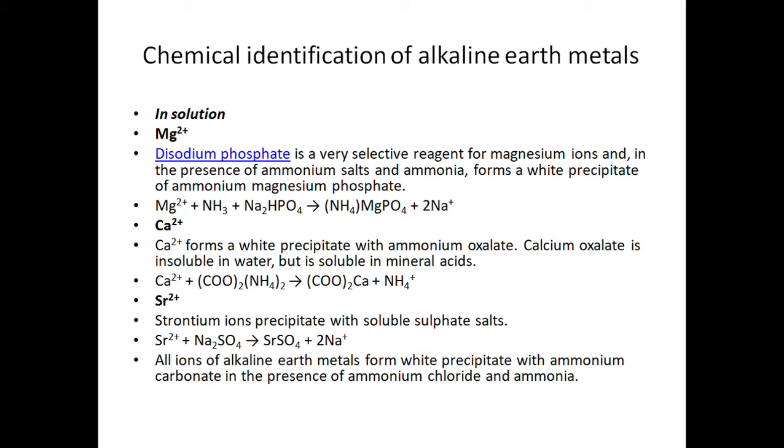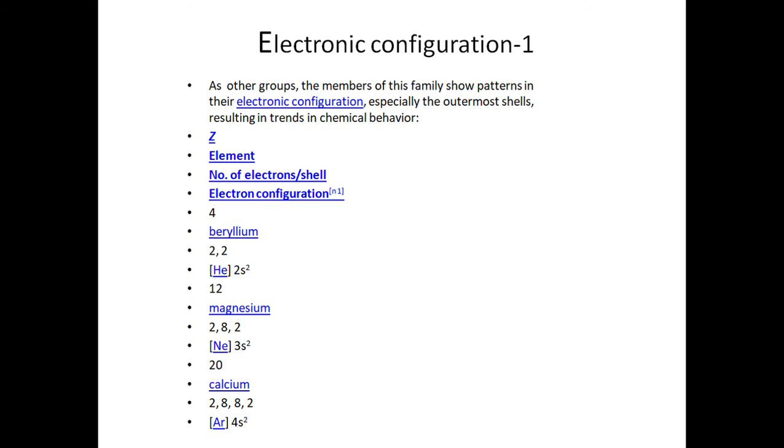Strontium ions precipitate with the soluble sulfate salts, that is strontium sulfate. All ions of alkaline earth metals form a white precipitate with ammonium carbonate in the presence of ammonium chloride and ammonia. Thus they can be identified.